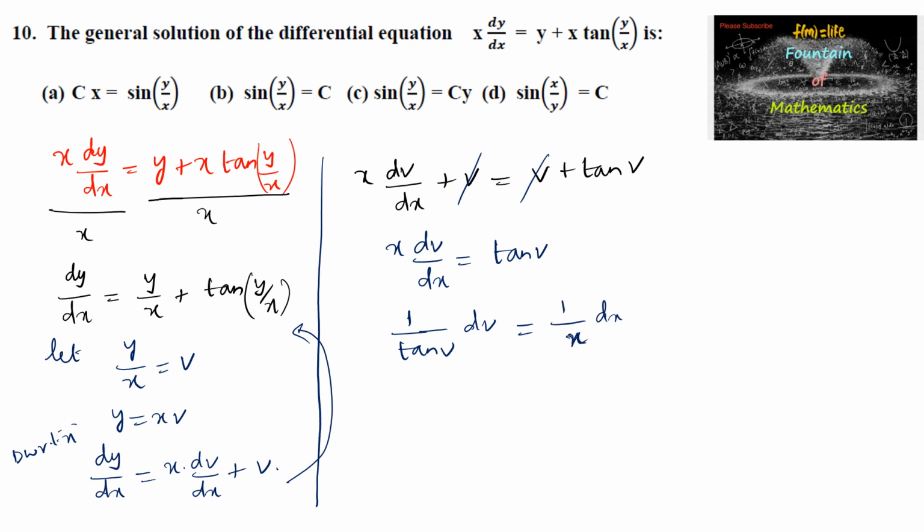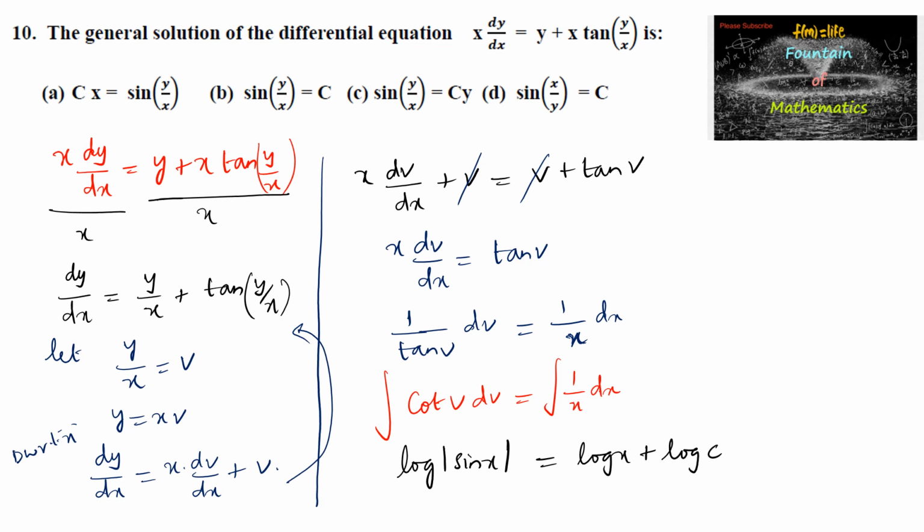Now integrating on both the sides, integration of 1 upon tan is cot v dv is equal to integration of 1 upon x dx. Integration of cot is log mod of sin v. Integration of 1 upon x is log x plus some constant, log c.